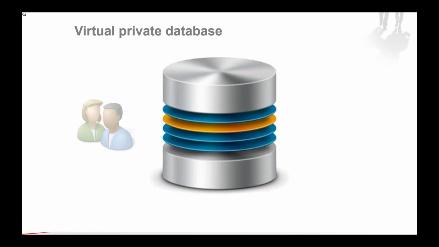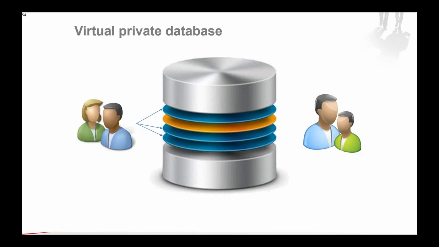We've got some people who are accessing the blue records, and we have a different group of people who are accessing the orange or yellow or whatever color records. It's in the same database, same schema probably, but I don't want them to be able to see each other's data.